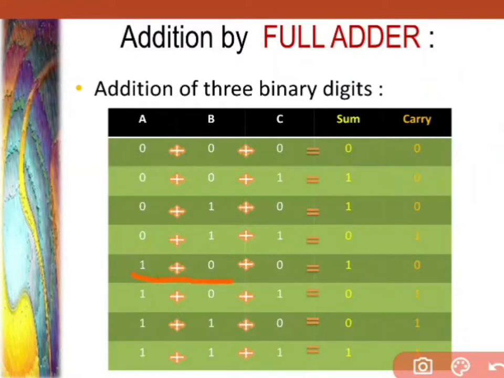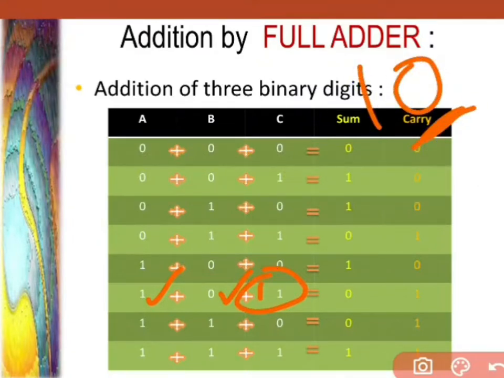1 plus 0 is 1 and 1 plus 0 is 1, so the answer is 1 and carry is 0. Then 1 plus 0 is 1 and 1 plus 1 is 10, so 0 is the answer and 1 is carry.